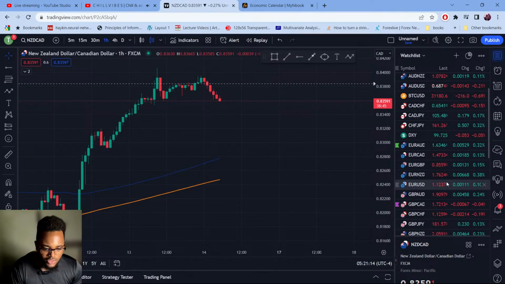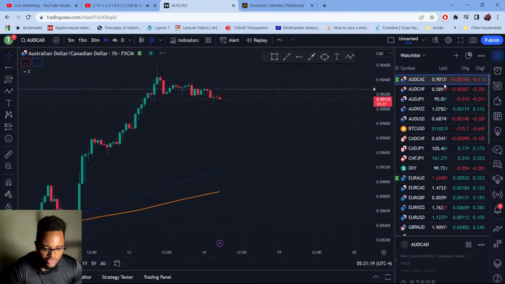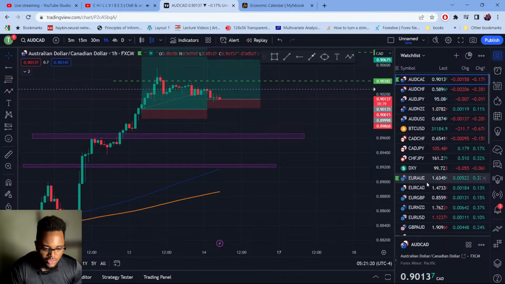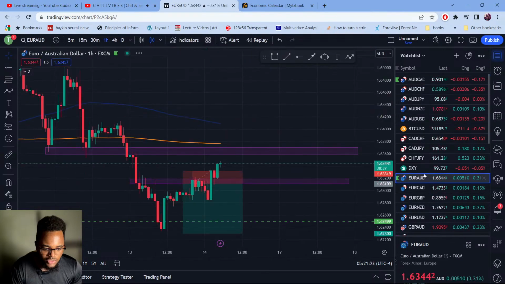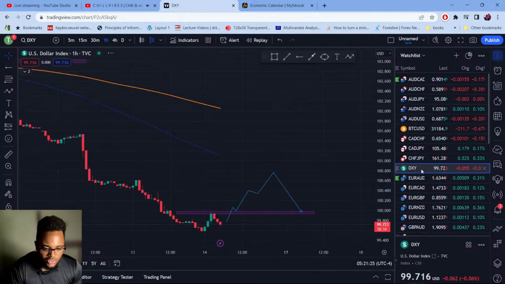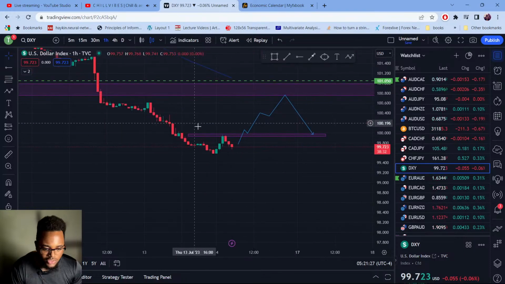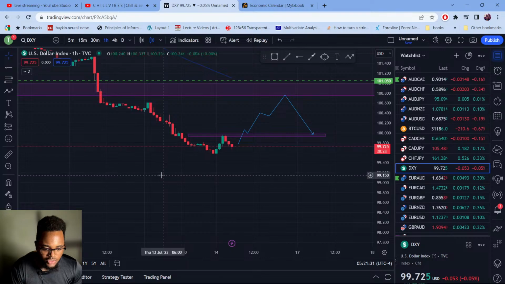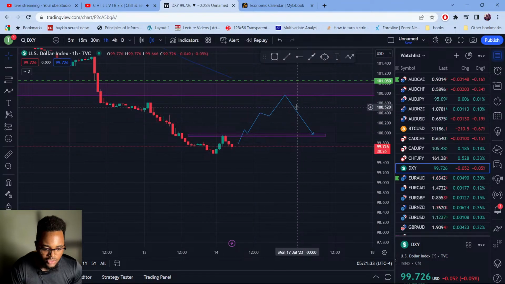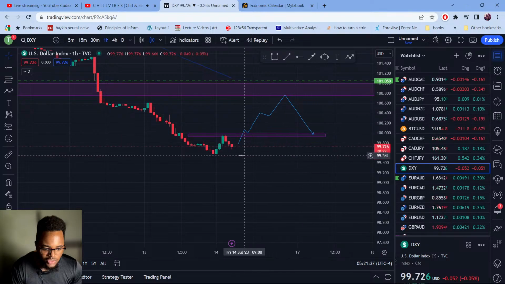And continuing for the course of the day, I don't know, we'll see what we see. Makes no sense trying to rush anything. We just have to let price do its thing. We're kind of exhausted right now, so it's either we pull back here, back to the zone, and then coming into next week we continue with that bearish sentiment that we have overall on the dollar, or price just stalls and consolidates, right?